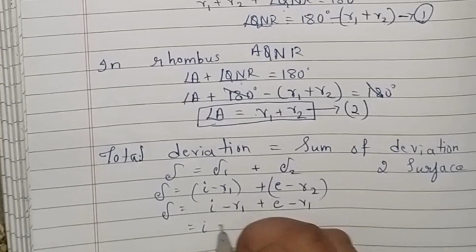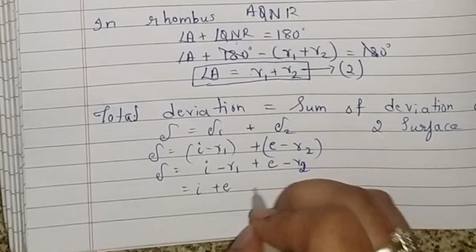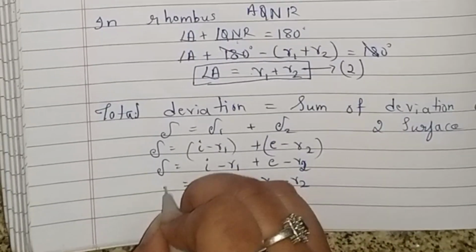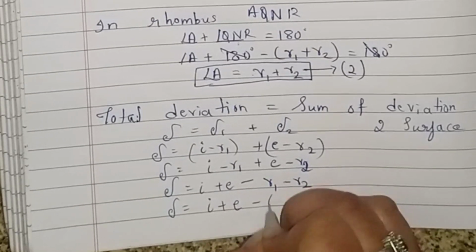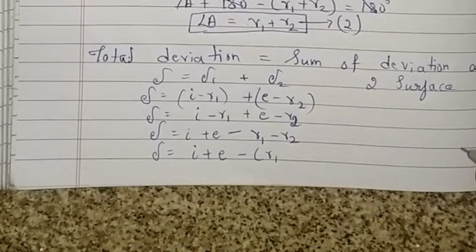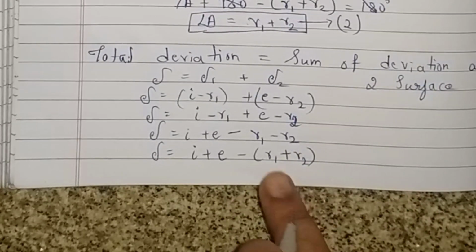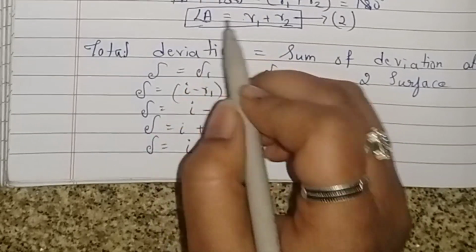So I plus E, and R1 and R2 we will take at the same place. Taking minus common, deviation is equal to I plus E minus (R1 plus R2). This R1 plus R2 is equal to angle A, that is, the angle of the prism.